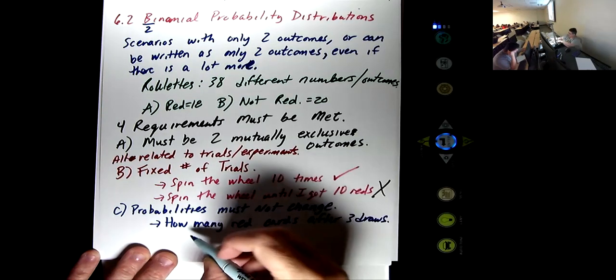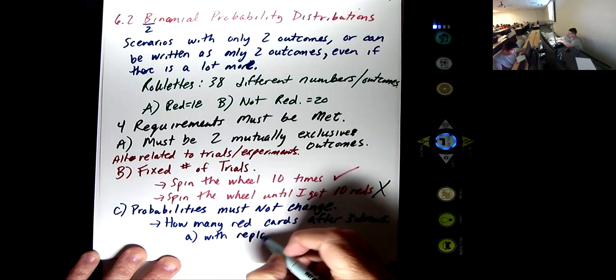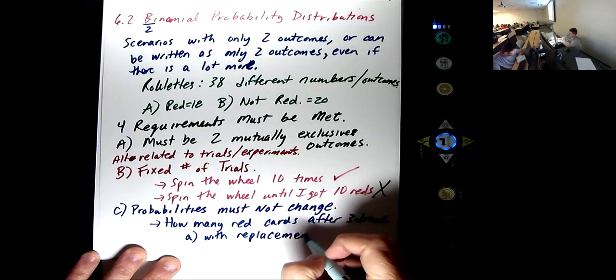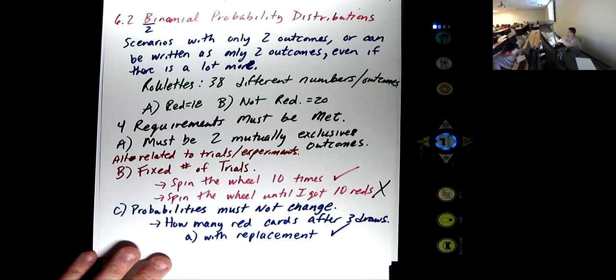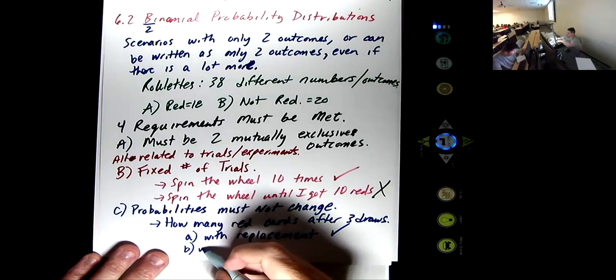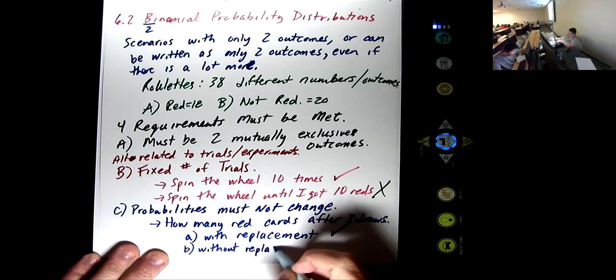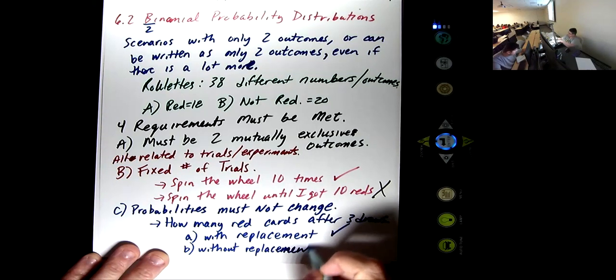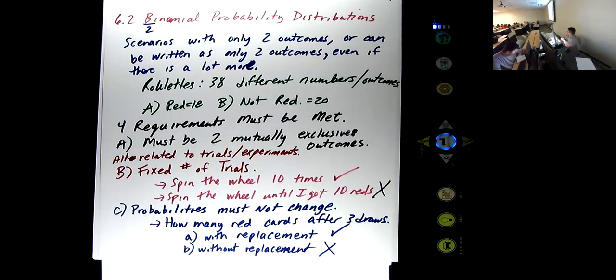If I do it with replacement, this is good. If I put the card back after each time I draw, the probability is the same each time. Without replacement is bad. If I just draw 3 cards, the probability of a red card on the second card and third card are different than the first card.